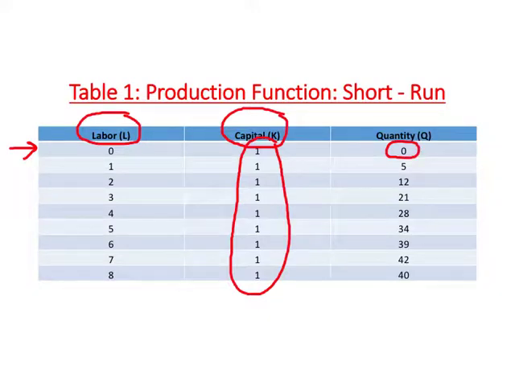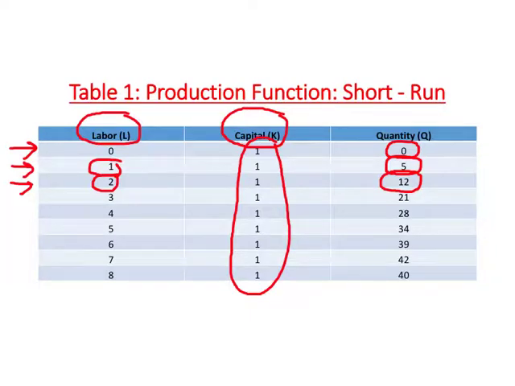When the farmer employs one worker, how much output is produced? It is 5 units. When the farmer employs 2 workers instead of 1, the total output produced on that plot of land is 12. And in this way, this table is completed.